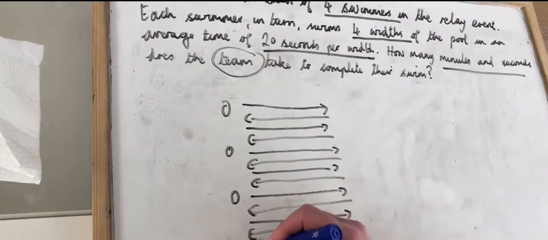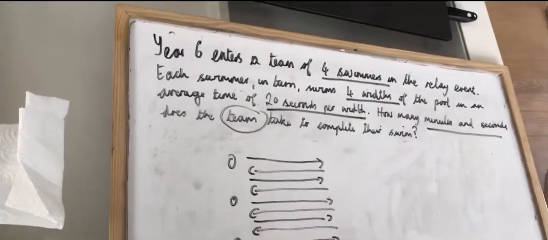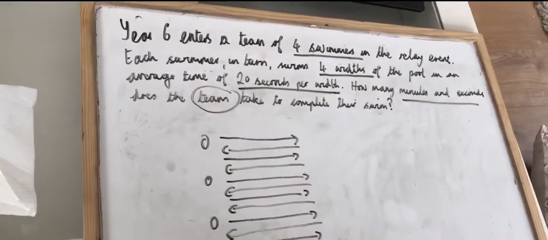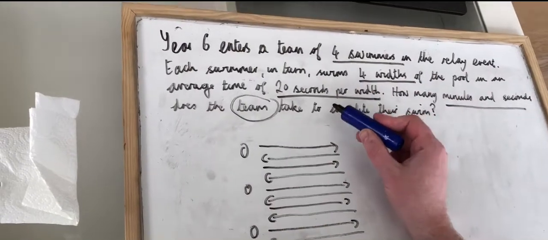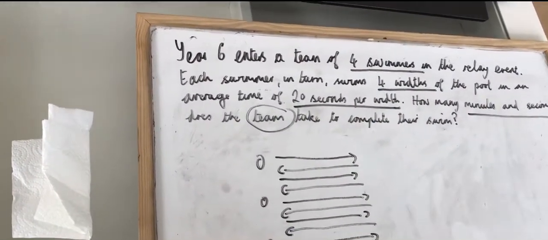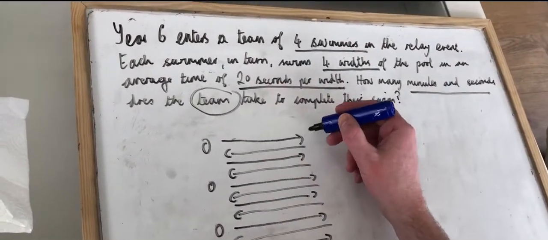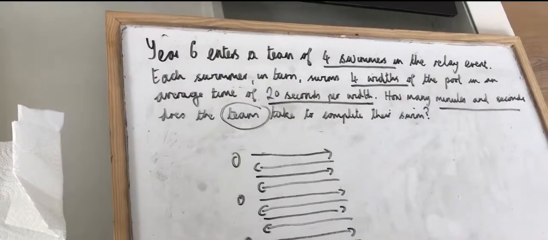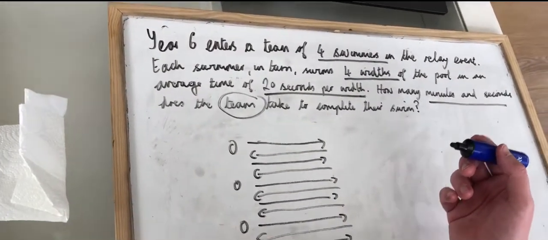1, 2, 3, 4. What other information are we given? Each swimmer completes them in an average time of 20 seconds per width. So each of these arrows is worth 20 seconds. Okay, so we're going to count up then in multiples of 20.